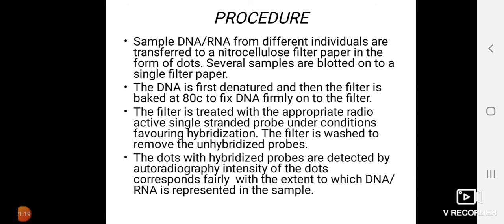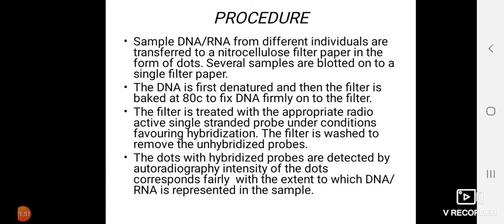Then if it is DNA, denaturation is done by baking the membrane at 80 degrees centigrade. The membrane is then treated with appropriate radioactive probes under particular conditions of hybridization. Then they wash off the filter paper to remove the unhybridized probes.